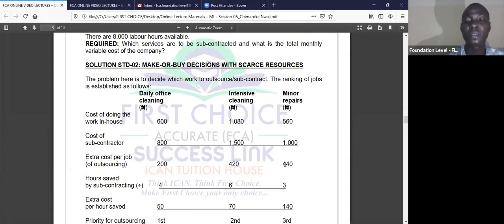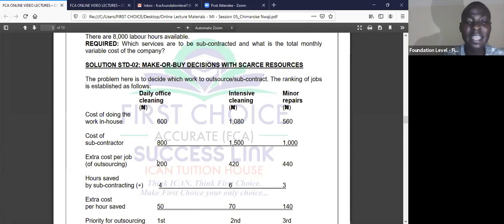Here, in minor repairs, we'll be spending 440 naira. So you see, these are the extra costs. But how do we know which of these costs we are going to save more on? So we now look at it.